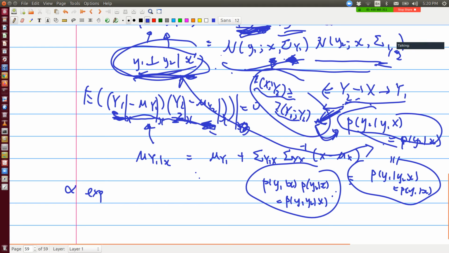If I multiply these two, it's proportional to 1/2 (x minus y1) transpose sigma y1 inverse (x minus y1), where the mean is y1. And here I have another term, (x minus y2) transpose sigma y2 inverse (x minus y2).